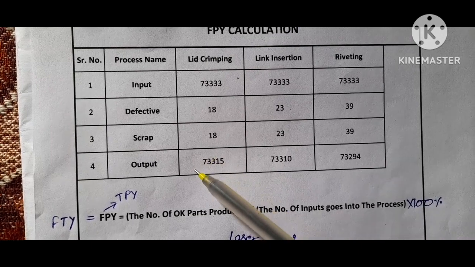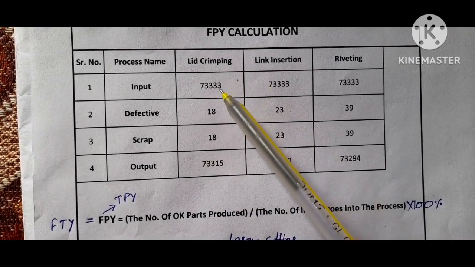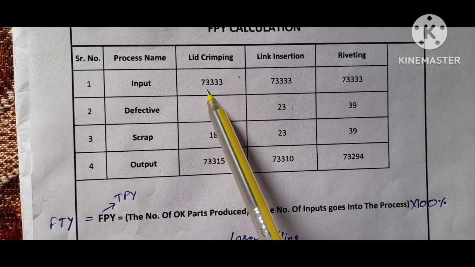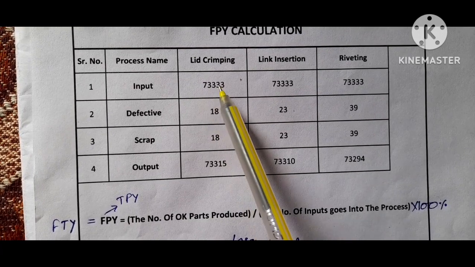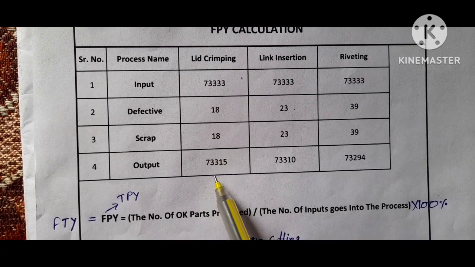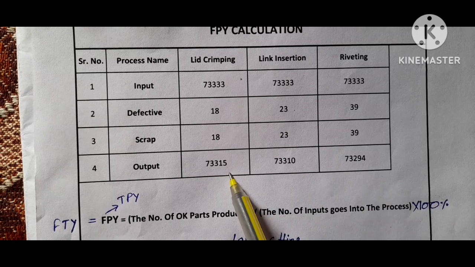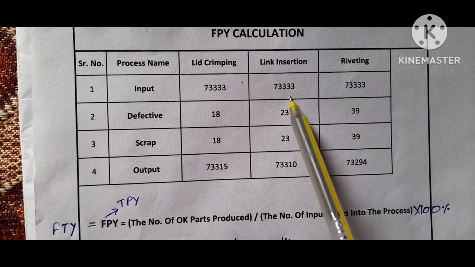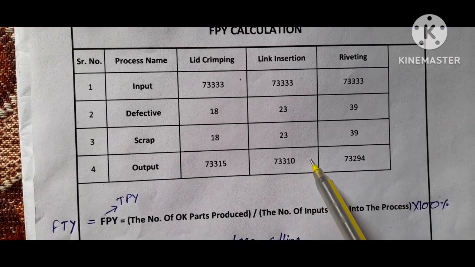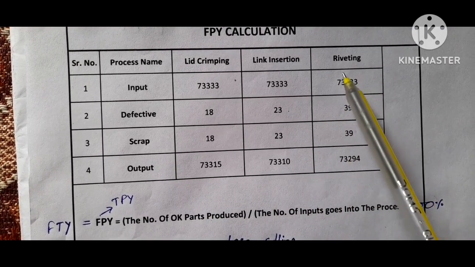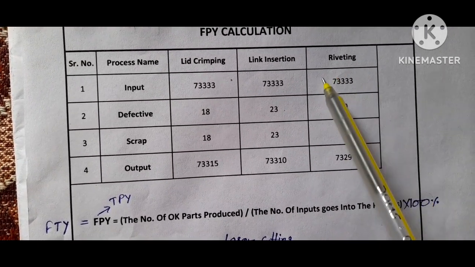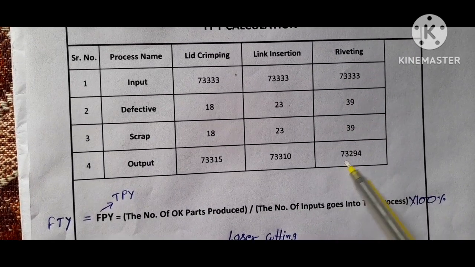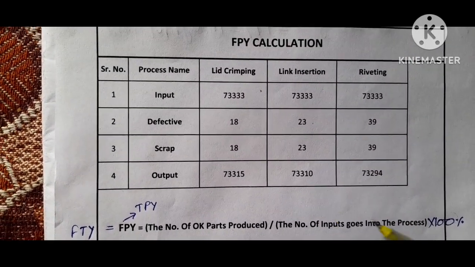So for the overall output, if you subtract 18 from the input, we get 73315, and if you subtract 23 from this input, we get the next value, and so on for the last process.